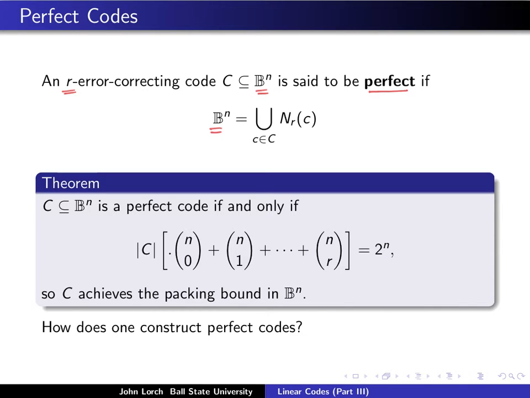Okay, so maybe it's a good idea for us to have a visual on this. So what you might imagine is this rectangle as being our entire collection of strings, Bn. And within that entire collection of strings, we have our code words. So they're sort of scattered around here.